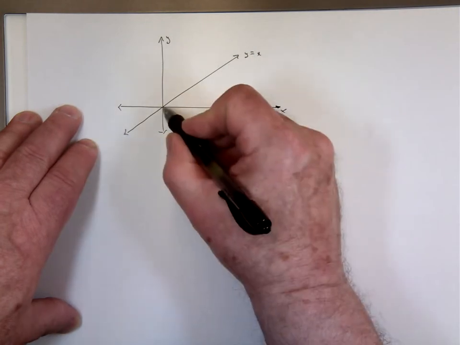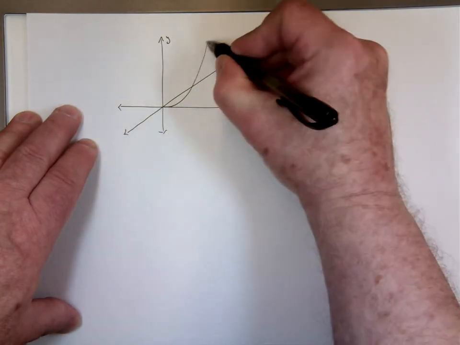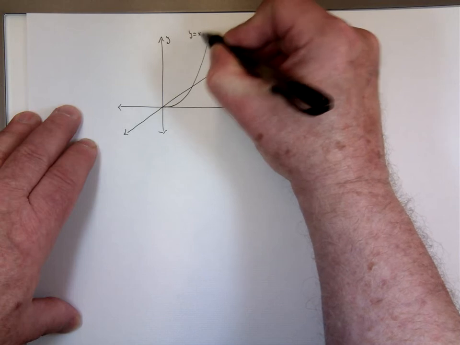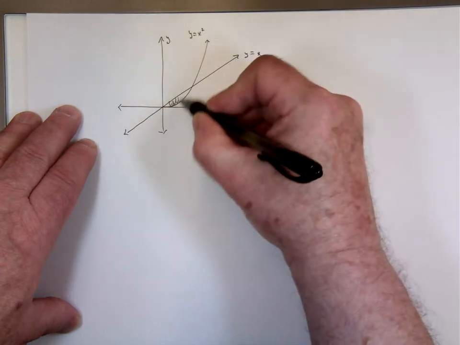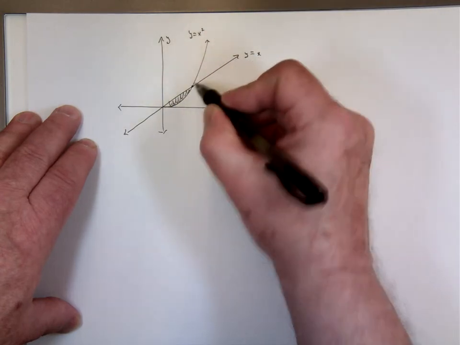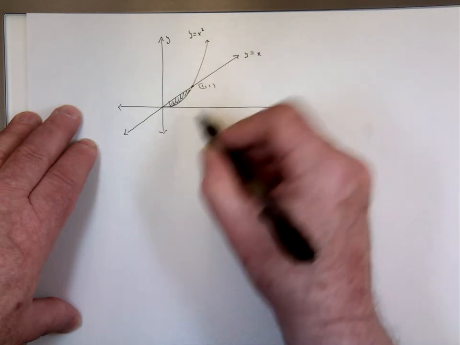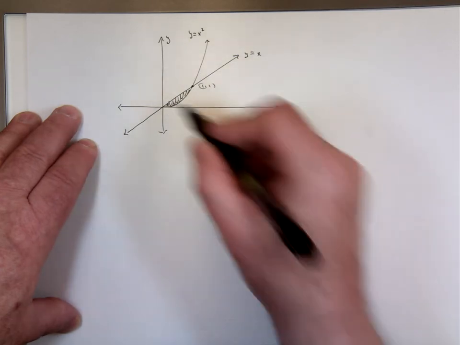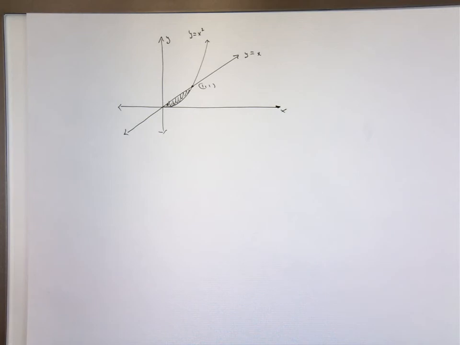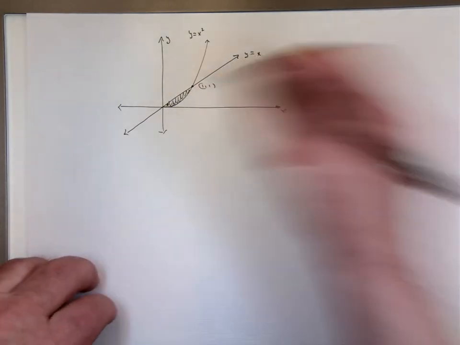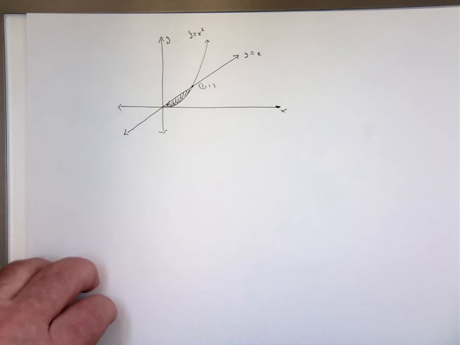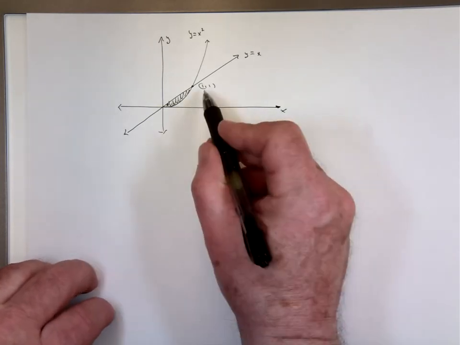Let's take this area about the x-axis. Okay? Let's take this area about the x-axis. Would you write inside the parentheses? What's that? Inside the parentheses. 1, 1. That's where they intersect. Okay.